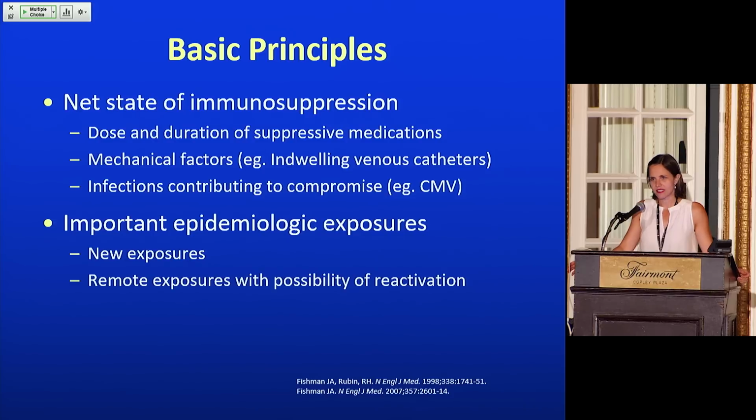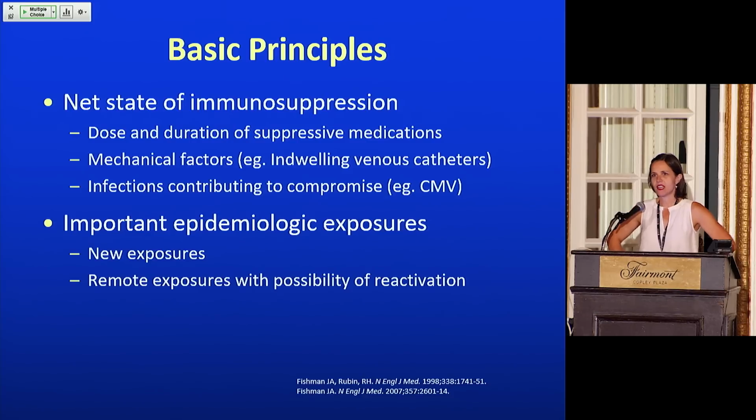And so the classic example of that is tuberculosis, right? You can be exposed, get over it, and then it reactivates when you're put under immunologic stress. But other things that fall into this category are endemic mycoses like histoplasmosis and coccidioidomycosis, if you've lived in the right area of the country.